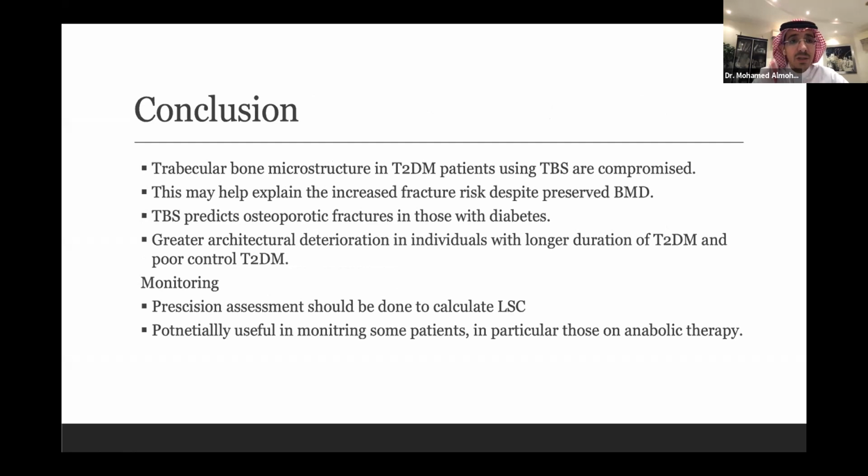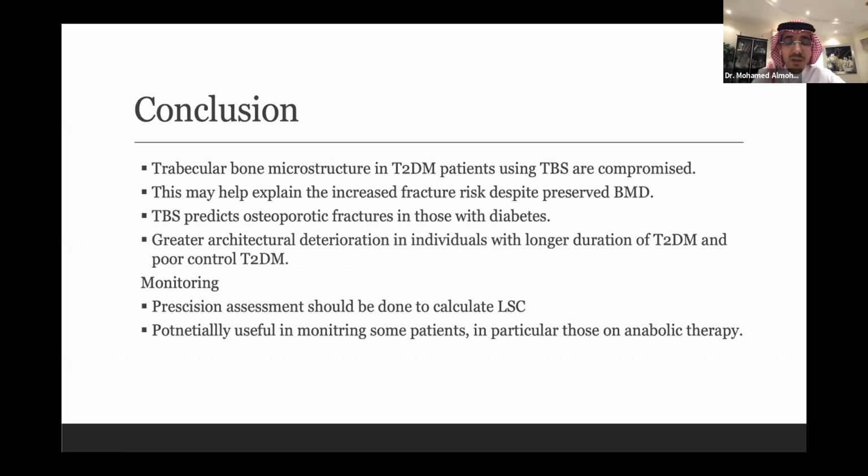So to summarize, trabecular bone microarchitecture in type 2 diabetes, assessed using TBS, is compromised. That might explain in part the increased fracture risk despite preserved or higher BMD values in comparison to the control group. TBS has the ability to predict osteoporotic fracture in those with type 2 diabetes.